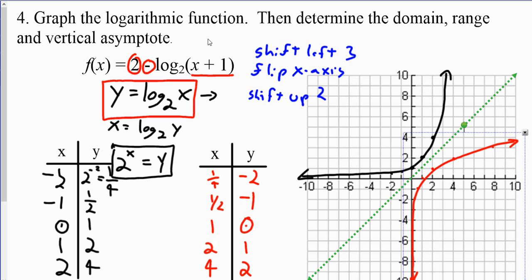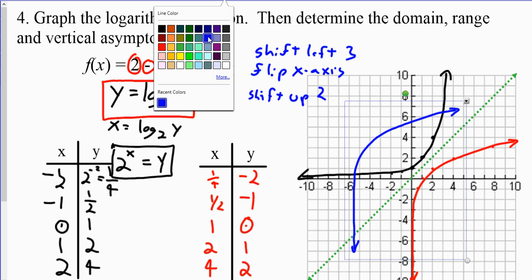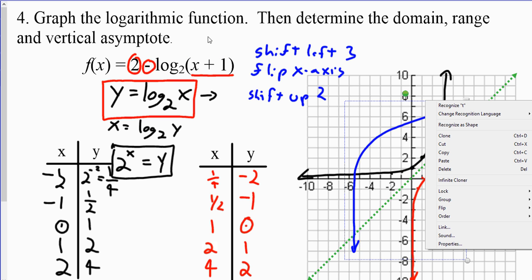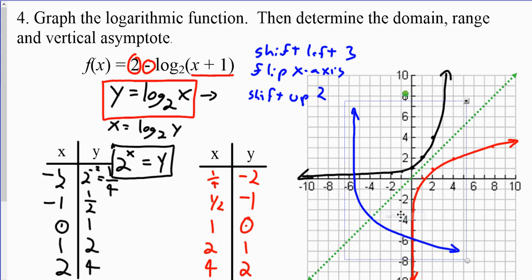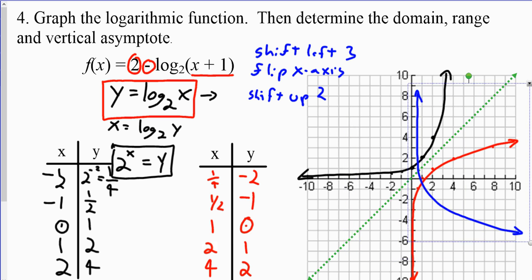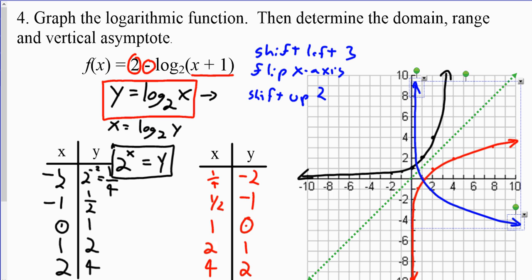As I do this graph, all this is actually going to be my blue graph. So if I take this, I can copy that graph. And from that graph, I want this one to be my blue one. First, I want to flip it up and down across the x-axis. That's when it's just a negative out in front. So what was negative will become positive, and it's going to reflect that way. Then I also see that my graph is going to go up 2. So again, I focus on this point right here.